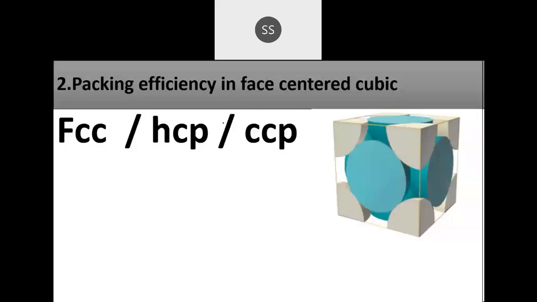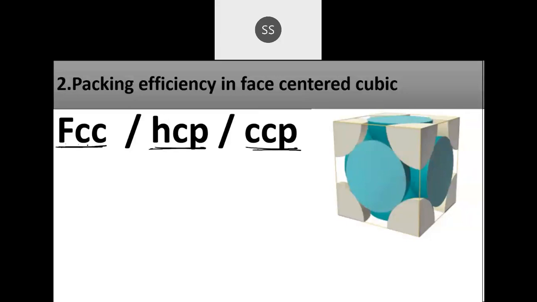So let's start with the next one now, packing efficiency for the second one. I will explain briefly first, then we'll go into detail on how you are supposed to write it. Let's see the packing efficiency in the face-centered unit cell. They can ask you as FCC, or they may give you HCP or CCP.